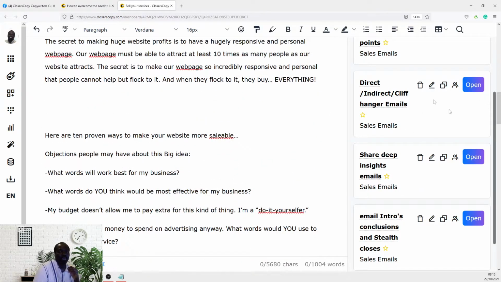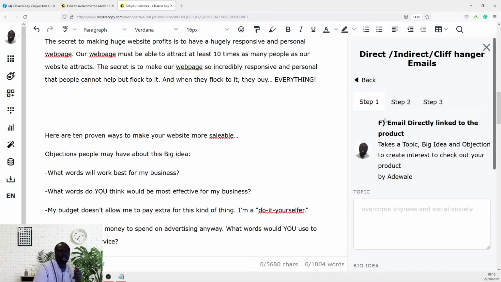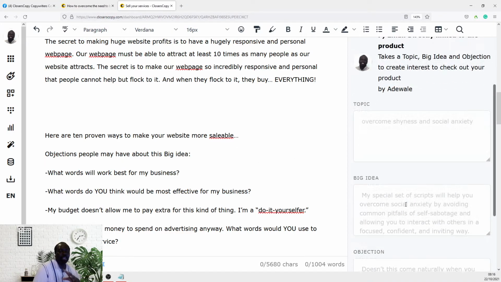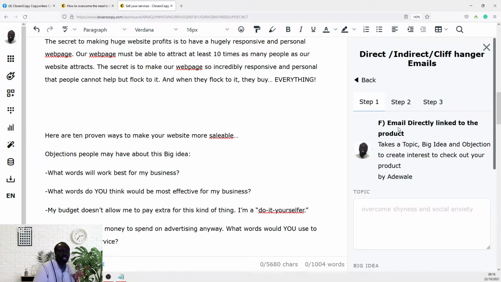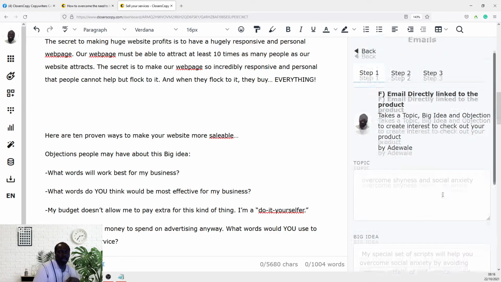Now in the emails workflow here, I've got one email that is directly linked to the product or service. So you could take any of these points that you feel is directly linked to your product, one that's talking about the solution or the unique mechanisms in the product, and write around that.